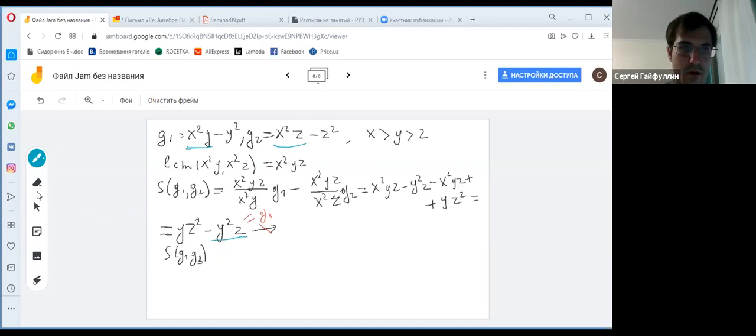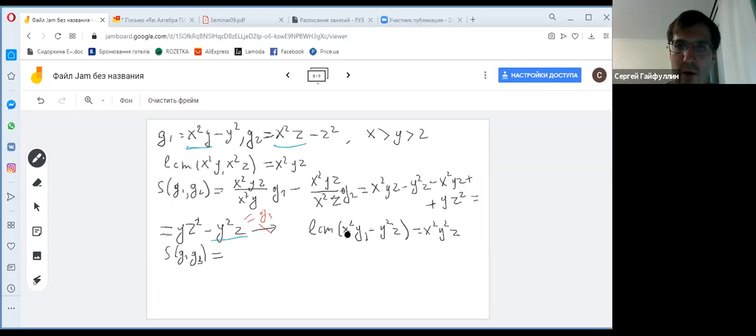So we can compute that this is equal to, first of all, the lowest common multiple of x squared y and minus y squared z. Of course, it is x squared y squared z.